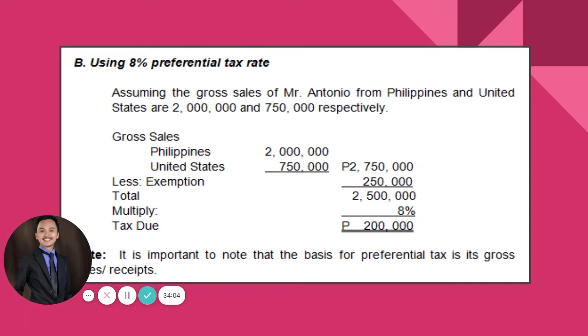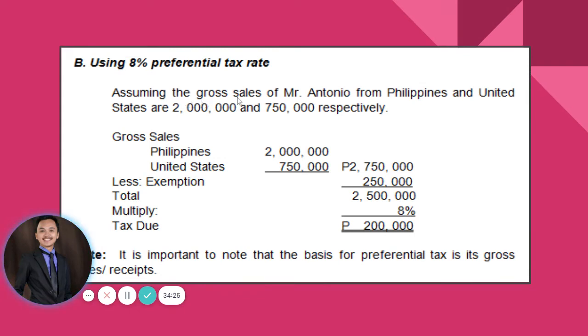Assuming that the taxpayer would want to be taxed at 8% preferential tax rate. So since this is pure business, then therefore we will be deducting 250,000 sa ato ang total gross sales. Okay? Total gross sales. So assuming that the gross sales, ang basis nato guys is not gross income but gross sales.